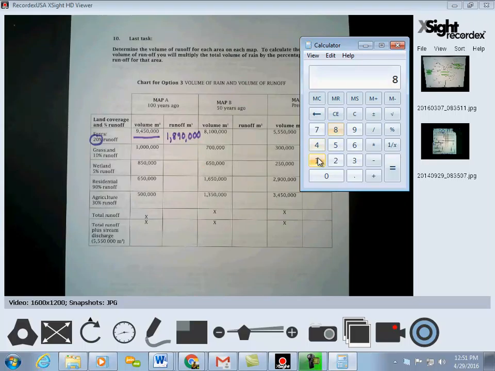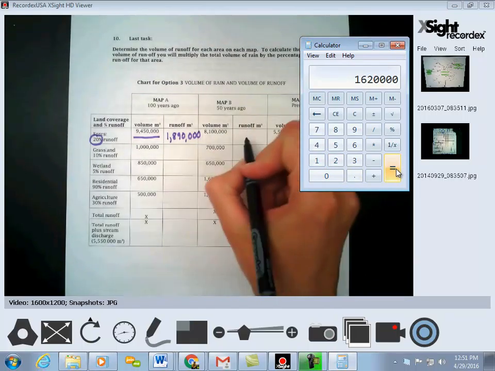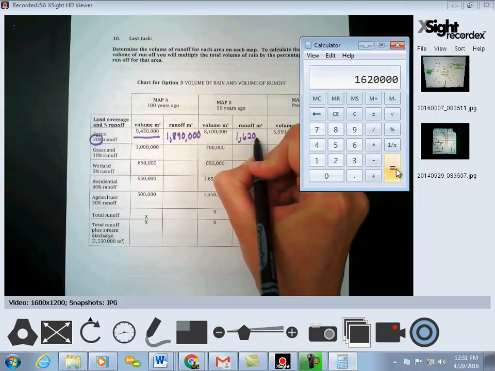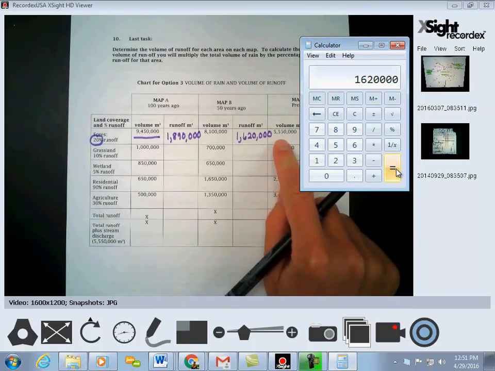So 8,100,000 times 0.20, or 20%. And that answer is 1,620,000 meters cubed.